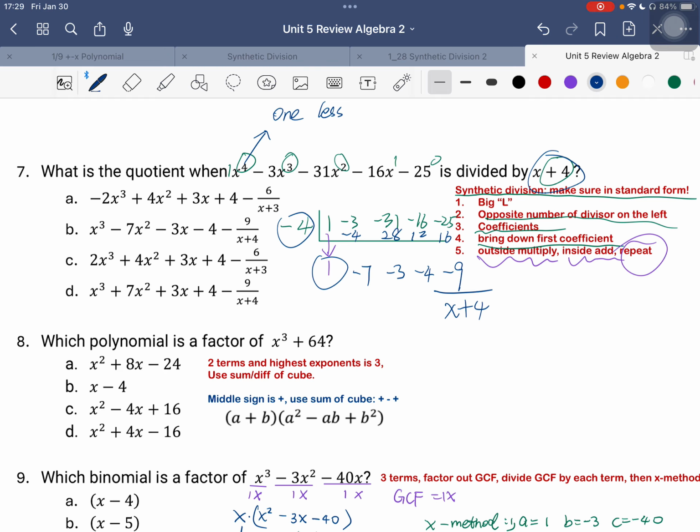So it should be 1x cubed minus 7x squared minus 3x. Don't put anything after that, and then minus 9 over x plus 4. So pick the correct answer.